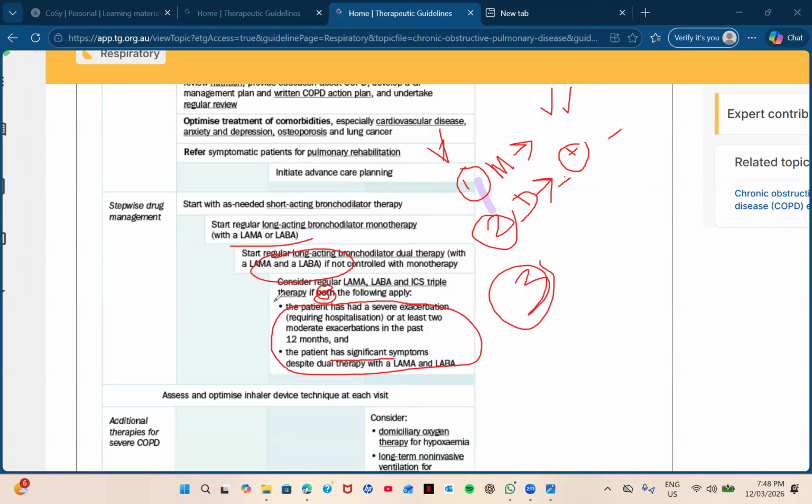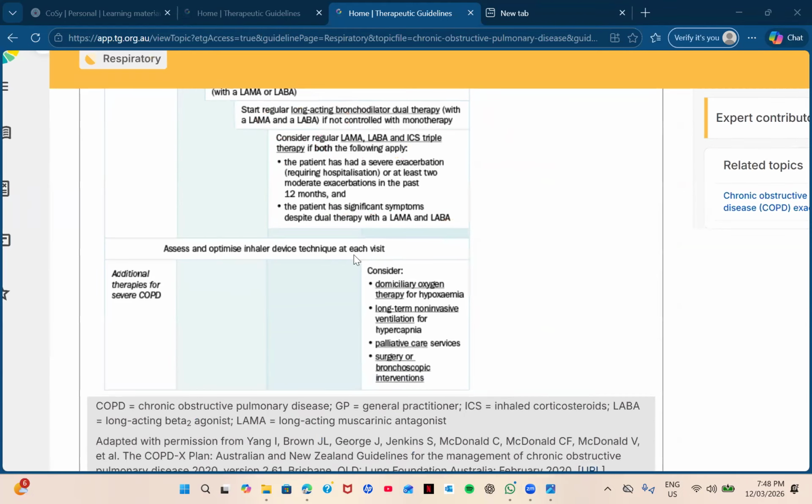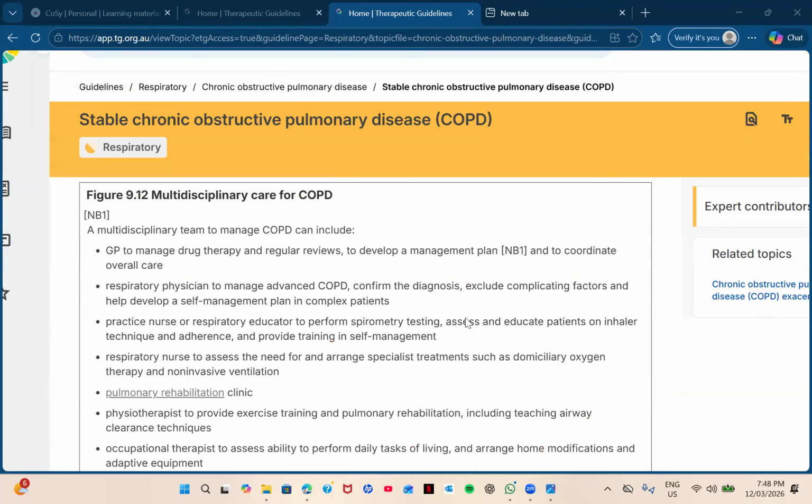If these two criteria are fulfilled, then we can give the triple therapy. That means we can add inhaled corticosteroid to this dual therapy, and we call it triple therapy, right? This is the management plan. This is very easy, doctors. You just have to get the concepts only, right? Then assess and optimize the inhaler device technique at each visit.